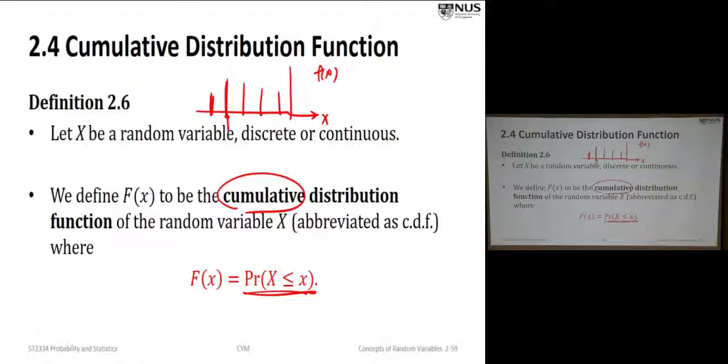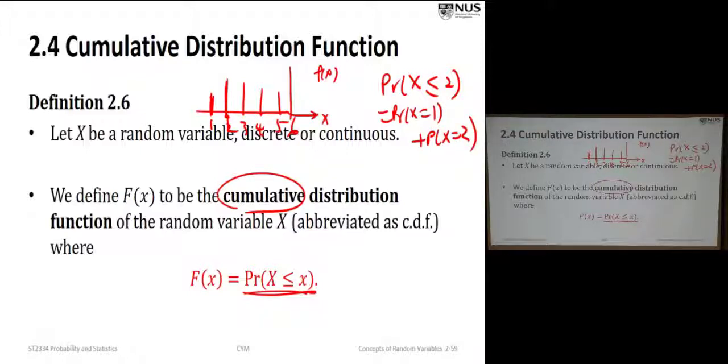Let's say 1, 2, 3, 4, 5, 6. Then I ask you, what is the probability x is less than or equal to 2? We know that from chapter 1. This is the probability of x equal to 1 plus x equal to 2. Am I right? So you add this and this together.